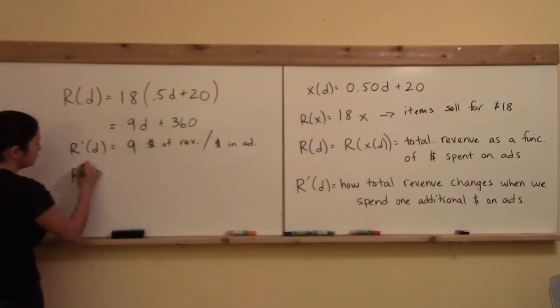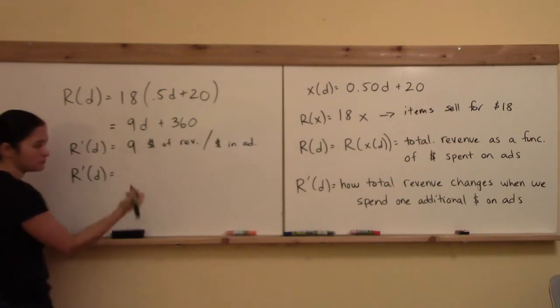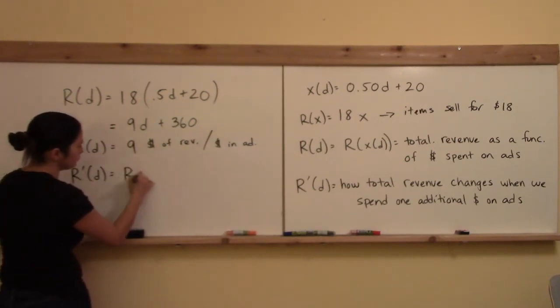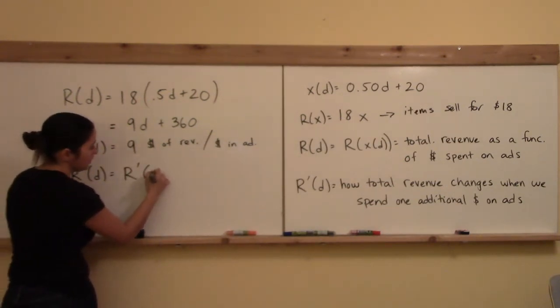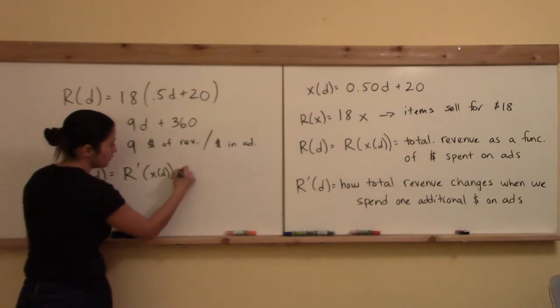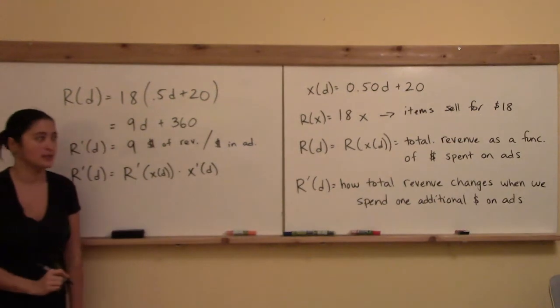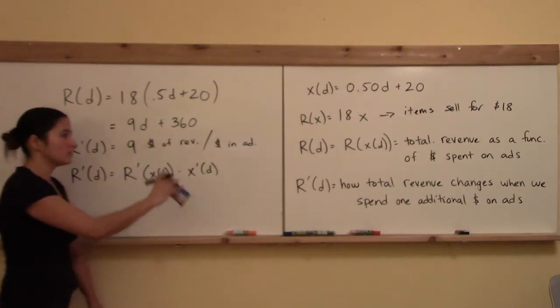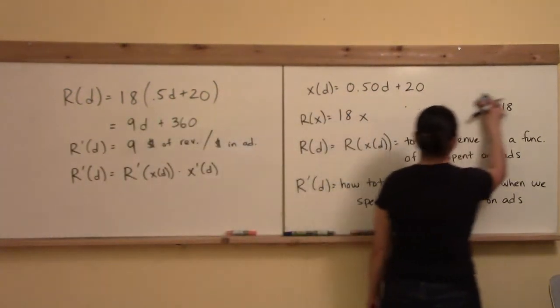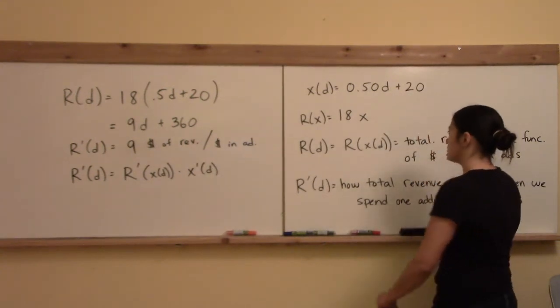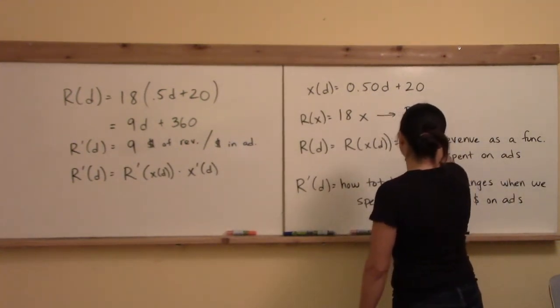The chain rule will state to us that r prime of d is equal to the derivative of the outer function evaluated at the inner function multiplied by the derivative of the inner function, just like that. Okay, so let's go back over to this board here, and we'll write down the derivative of the outer function and the derivative of the inner function.